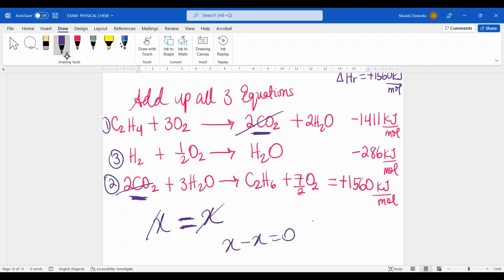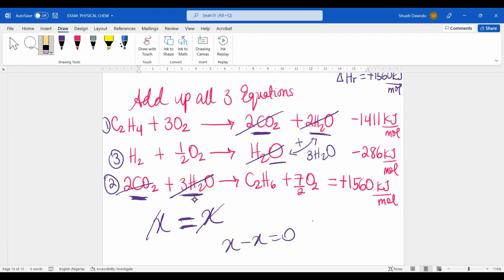Now, the next thing you have to note is this. You have 2H2O here, you have 1H2O here. When you add them up, you end up with 3H2O on the product side for equation 1 and equation 3. But on the reactant side of equation 2, you have 3H2O. That means you can cancel out the 2H2O from equation 1 and the H2O from equation 3 on the product side with the reactant 3H2O from equation 2.